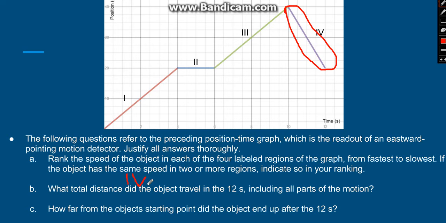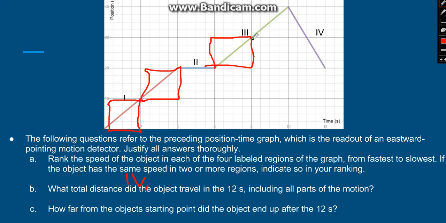So the first one would be region 4. For the second one, it does seem that 1 and 3 are fairly similar. We can just look at the actual position traveled over the time to make it absolutely clear. We can see that 1 travels these 2 boxes, and 3 travels these 2 boxes within the same amount of time.